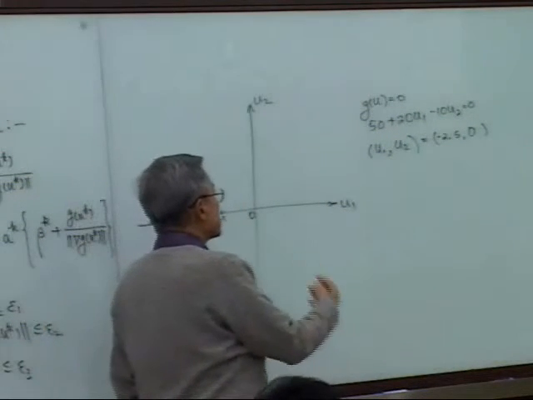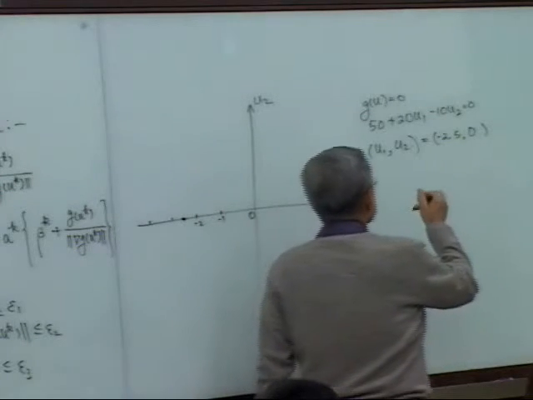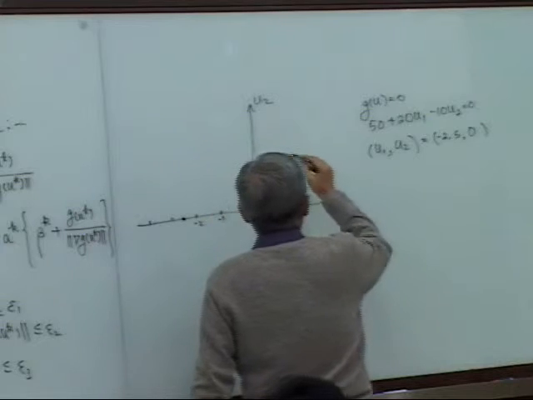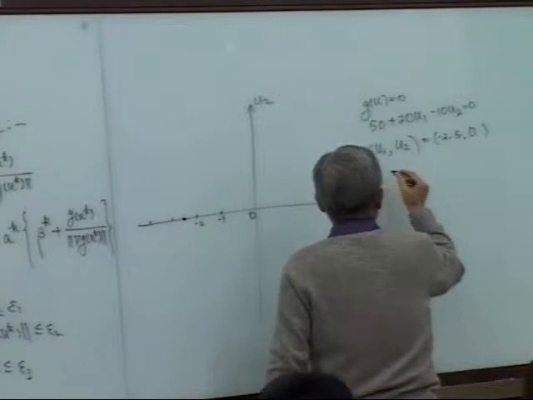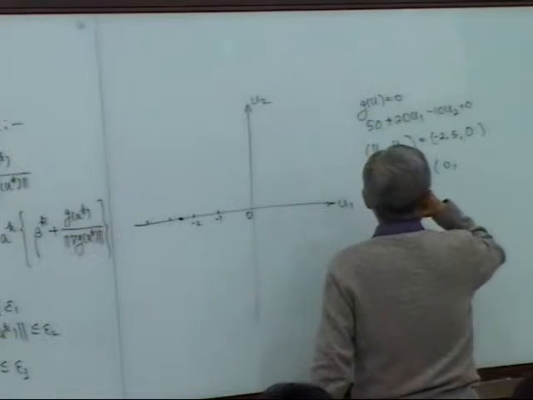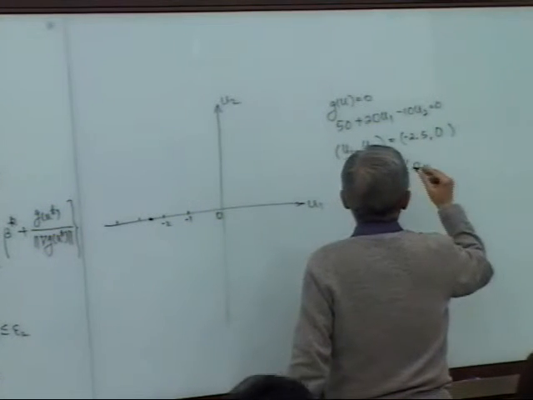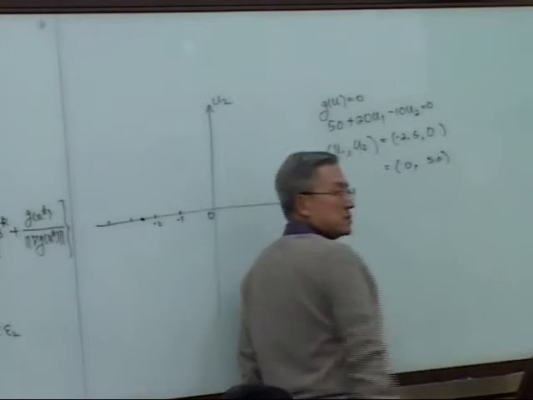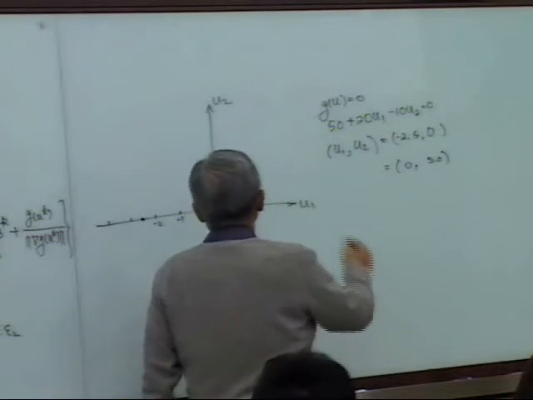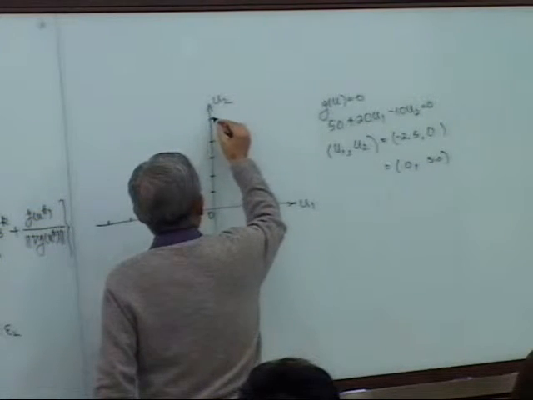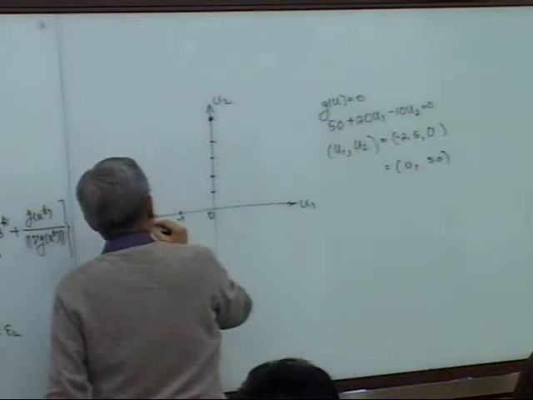Then you can do the slope, or you can just make another point. You set u1 equal to 0, what happens? u2 is equal to 5. That means the line passes here.